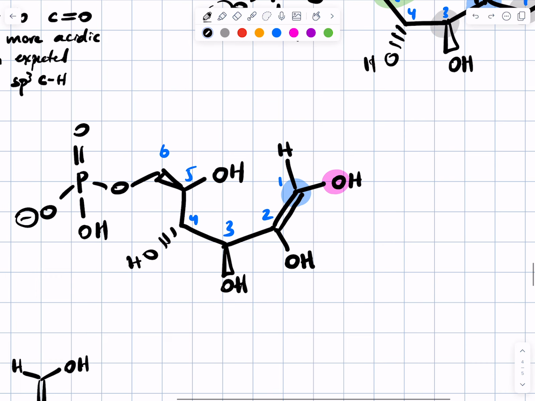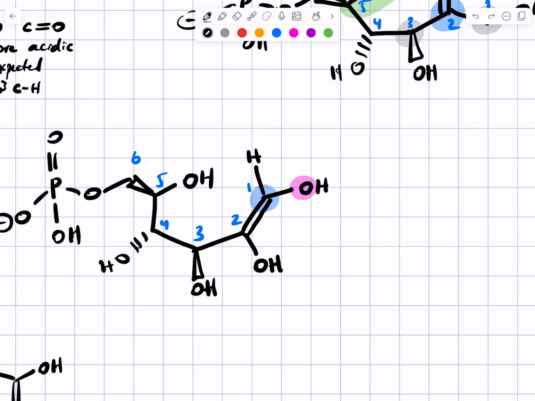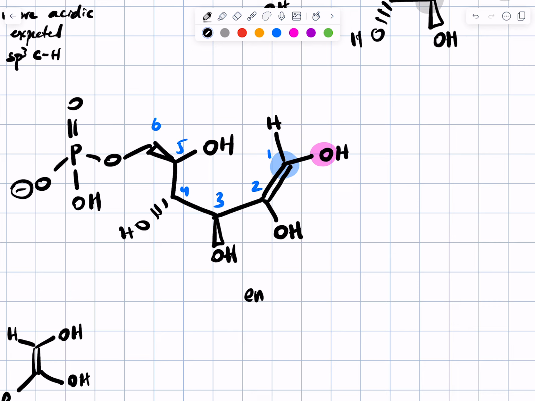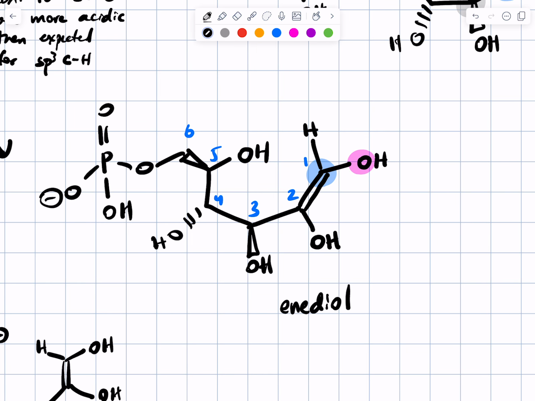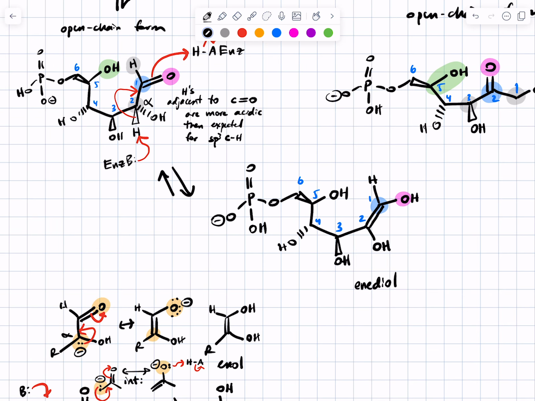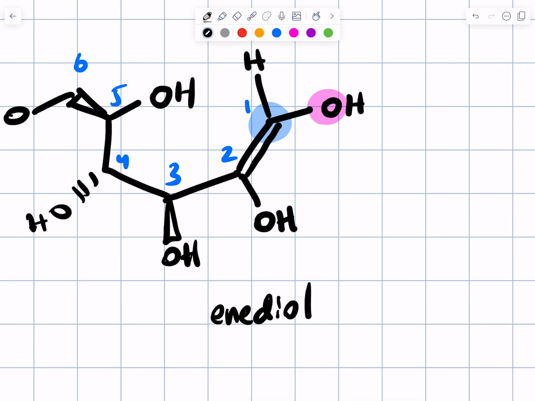All right, now this intermediate, our enol, is actually a unique and special enol. It's called an enediol, okay? And here's the tricky thing. Prior to forming the enediol, C1 in blue had been the carbonyl carbon, right? It had been the aldehyde, and the pink oxygen had been the carbonyl oxygen. But notice that this enediol is an enol in both directions.